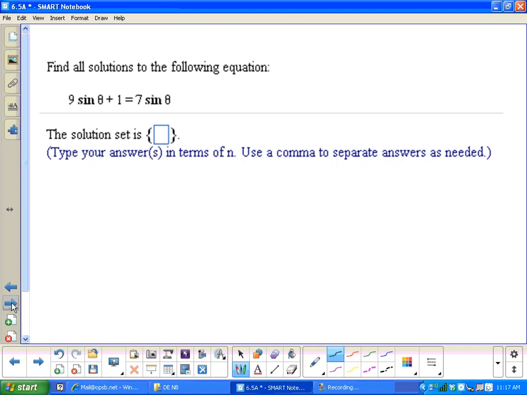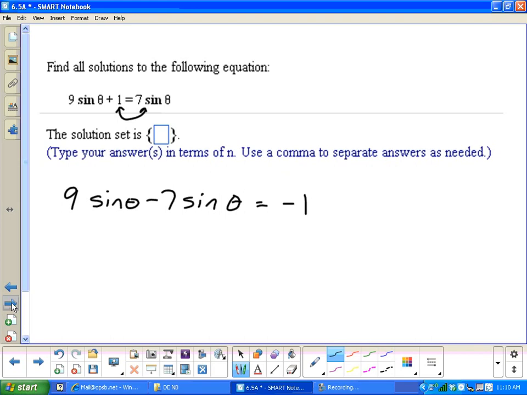All right, let's look at this one. Notice this one has two sines in it, right? What do you think we need to do there? Get them together. How about this? Let's take these two values and swap them. Does that make sense? That would give me 9 sine theta minus 7 sine theta equals -1.